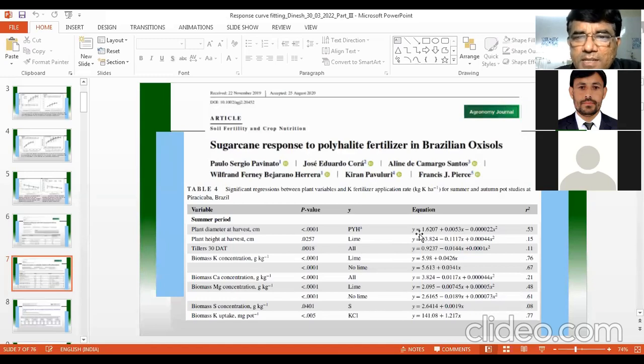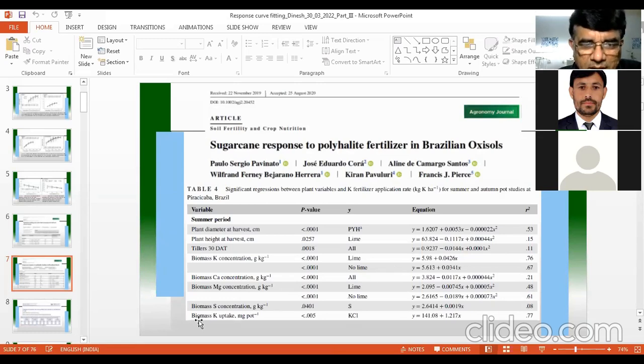So this is the relationship between K application and plant height. You can test it for linearity, test it for quadratic equation, and then it is quadratic equation, and then R square is 0.53. So you can see value of R correlation coefficient also. So this is how this knowledge can be used to develop relations between independent variable and many dependent variables, one by one, and you can do it together also.